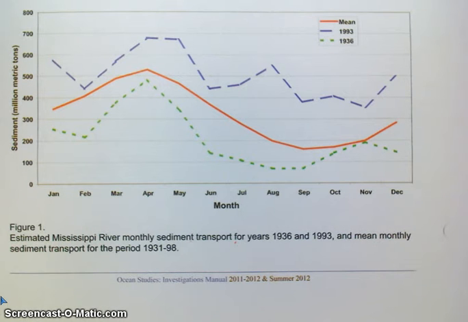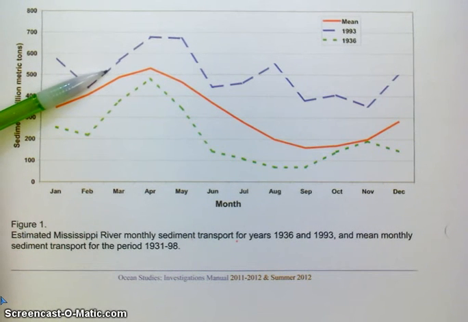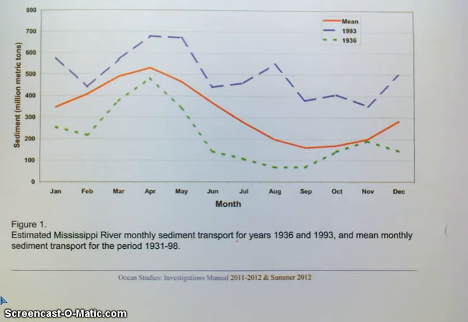All right, number 14. The year 1936, which is your short dash curve down here, marked the height of the Dust Bowl, a widespread and prolonged severe drought in the United States. The year 1993, which is your long dash curve up here, was infamous for severe summer floods in the upper Mississippi and Missouri River basins.